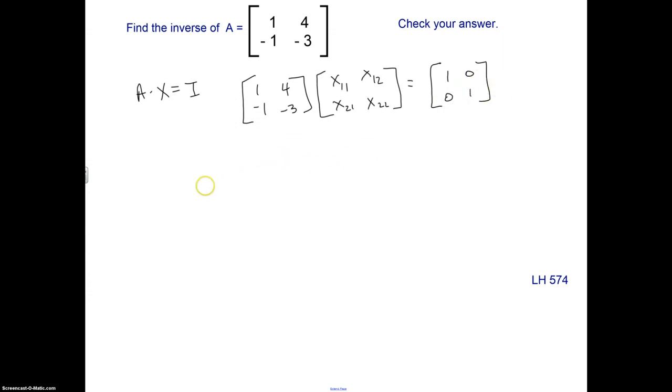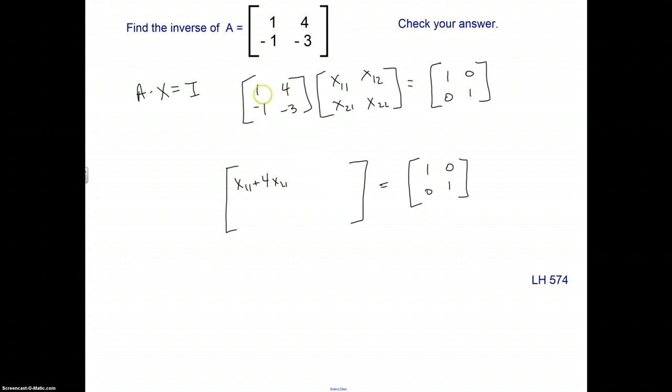Now we could write out our multiplications. If we were to multiply this across and down, let's build a matrix. 1 times x11 is x sub 1,1, plus 4 times x21, plus 4 x sub 2,1. And this is still going to equal 1, 0, 0, 1. Let's go for this one.